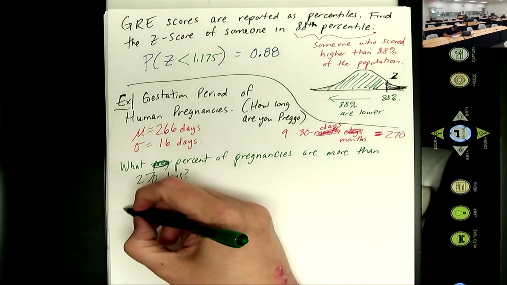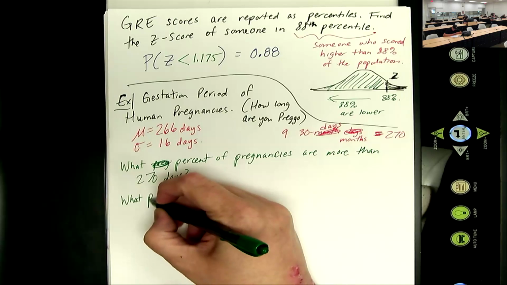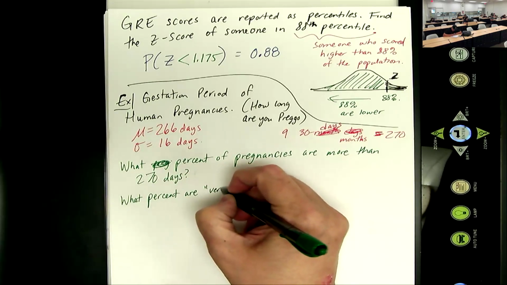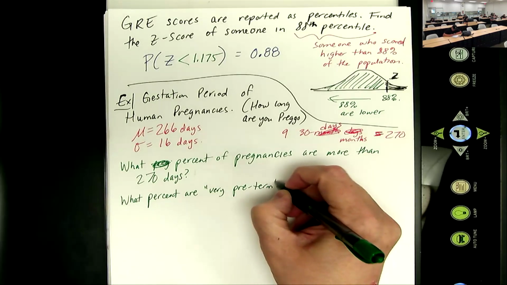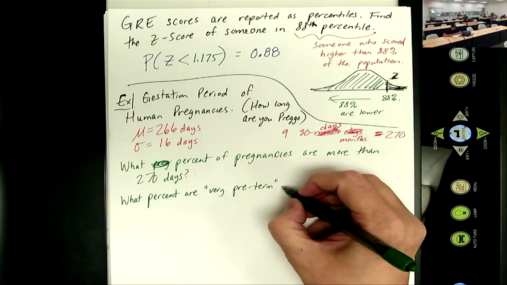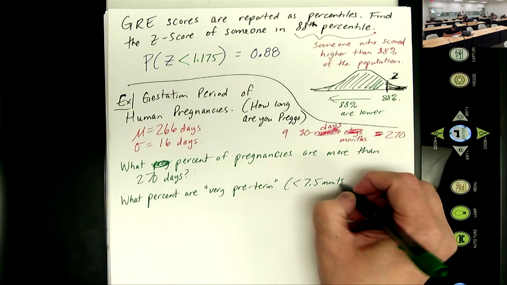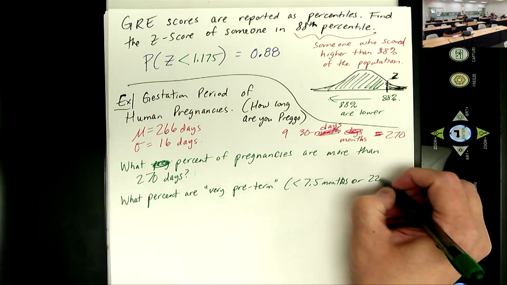What percentage are very preterm, which means less than 7.5 months, or 224 days?